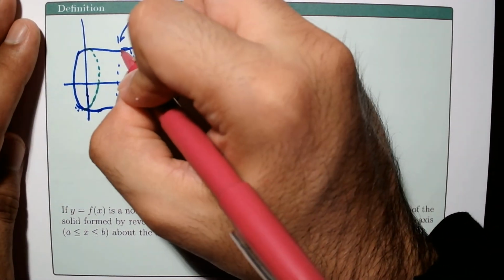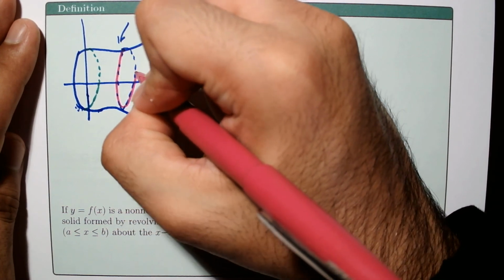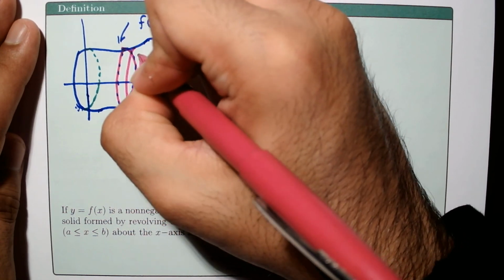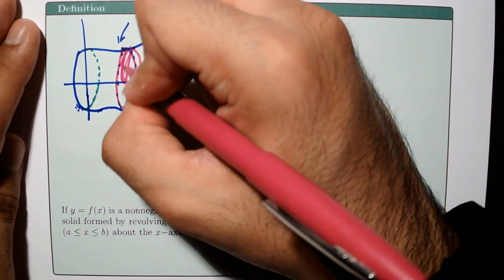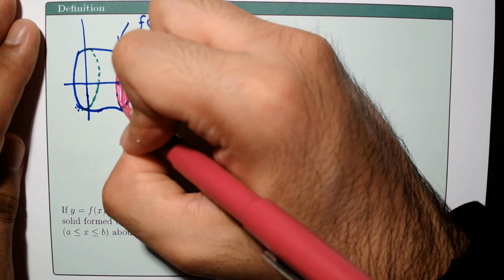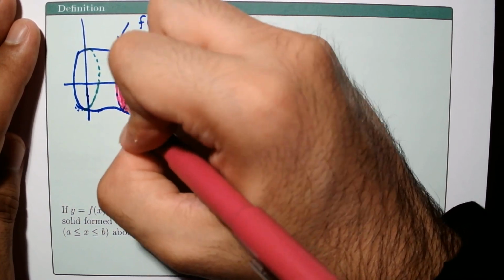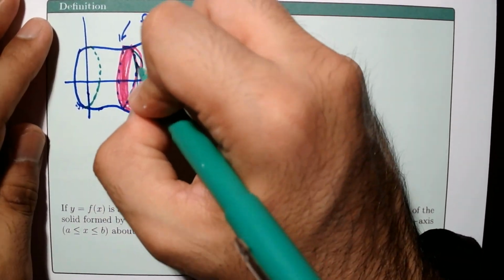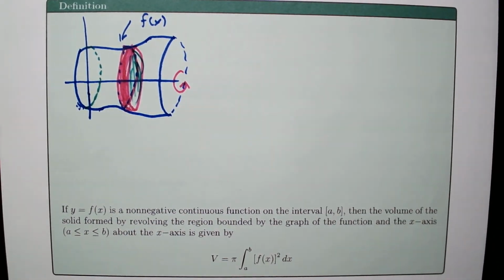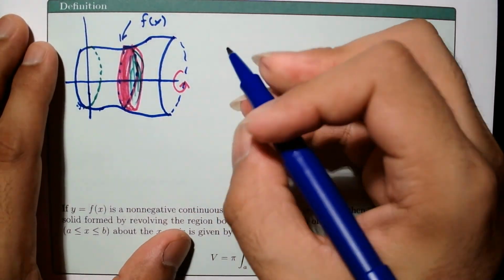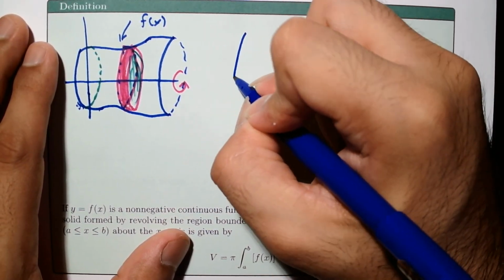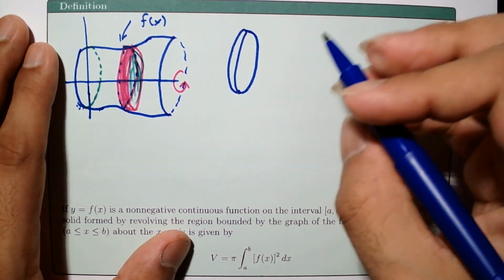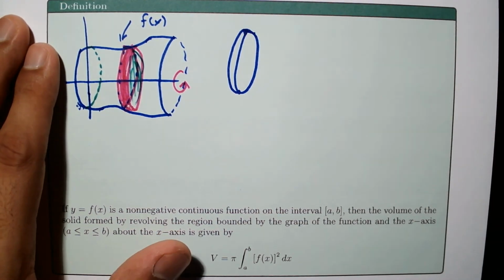So I'm going to make a circle here, and another one there. When I take this sample right here, it's going to become some sort of disk, which I'm going to draw here. Hopefully it's good enough to look 3D.